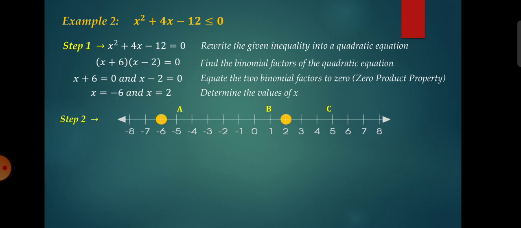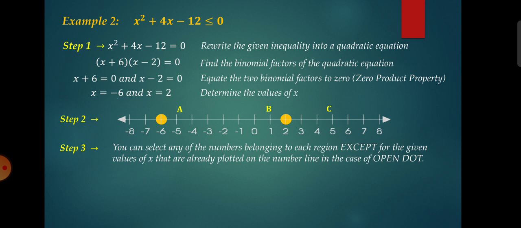Why? The inequality used is less than or equal to. So the first solid dot is at negative 6. The second solid dot is located at positive 2.